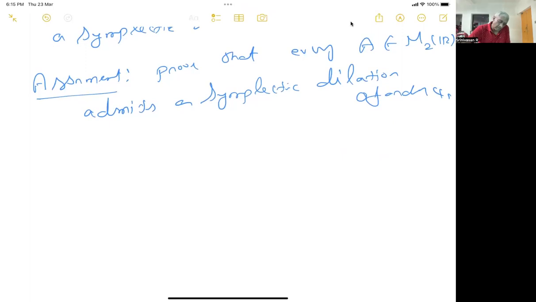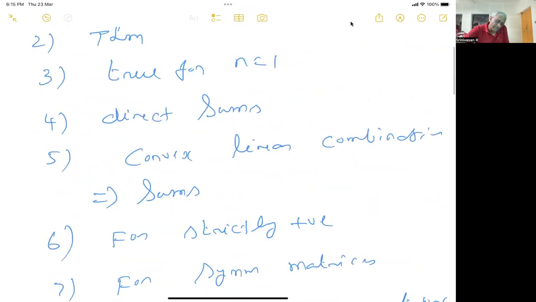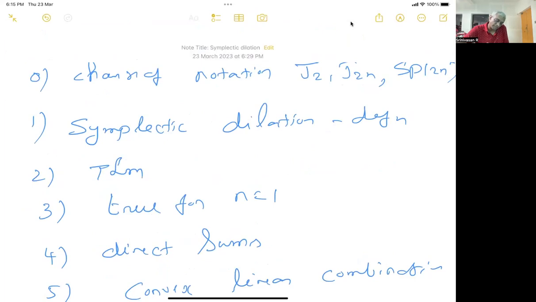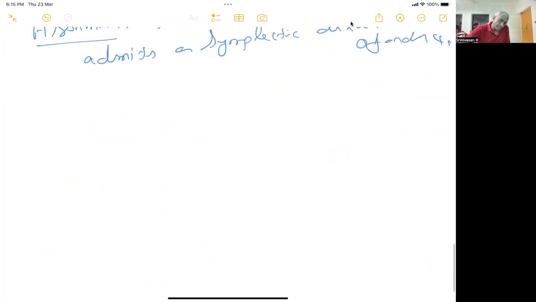Okay. So now we want to prove some sequence of lemmas leading to the theorem. Okay. The first one is about direct sums. So lemma 1.